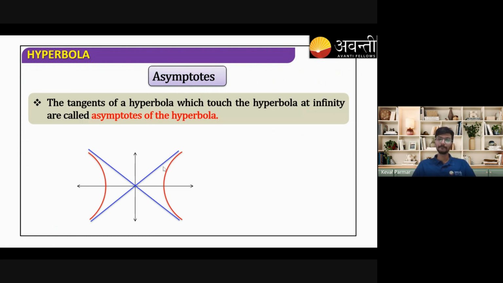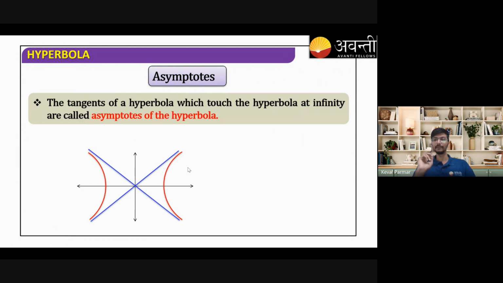As you can see, if I go forward and forward along this blue line, the hyperbola and the blue line come closer and closer, but never intersect each other. That means they intersect at infinity. Such lines are called asymptotes.